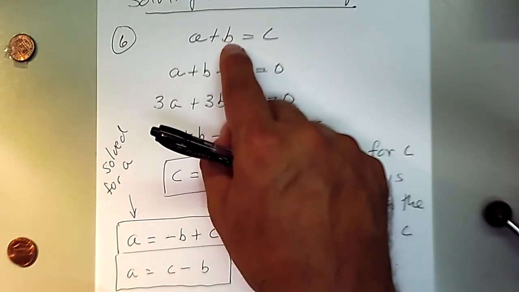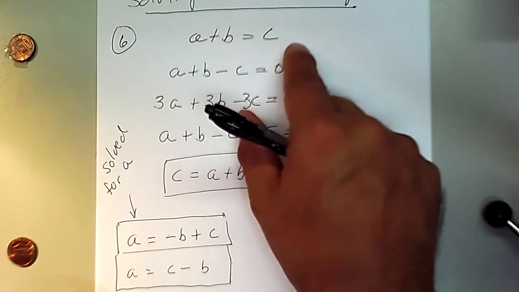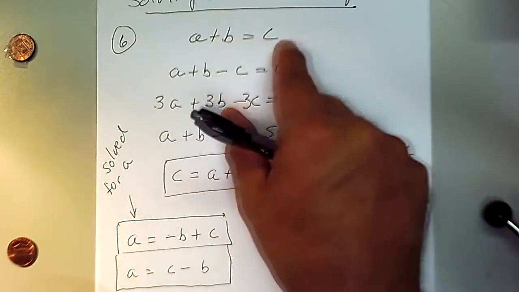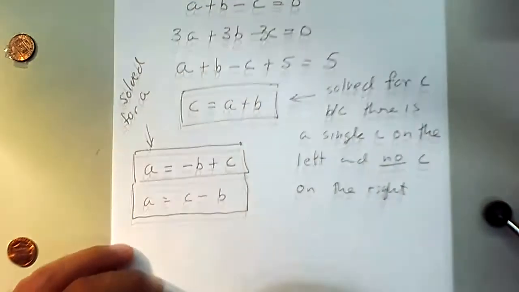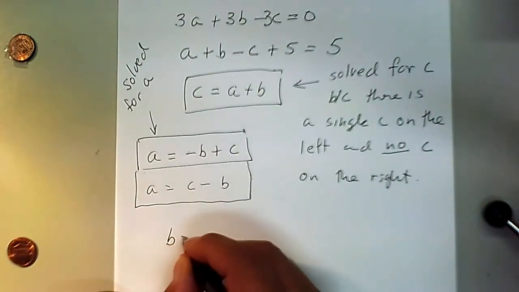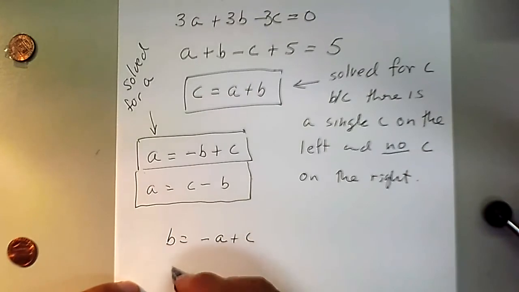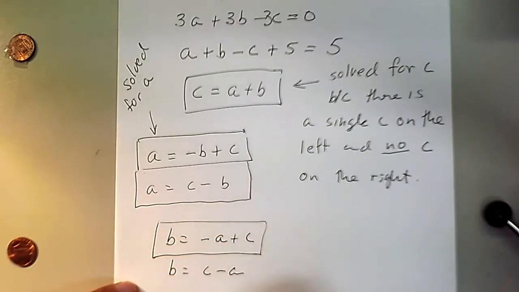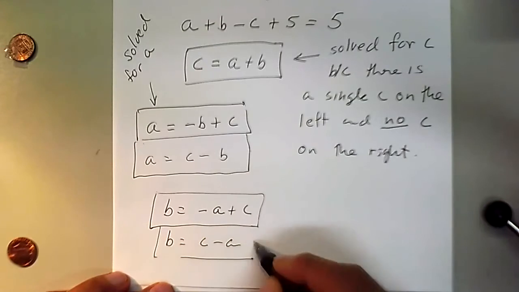If we put B on one side of the equation and everything else on the other side of the equation, no B, then we would have solved this equation for B. So B equals, and then we have the same thing. We have negative A plus C, or we may write C minus A. So this would be preferred, I think, in some cases, but actually I don't really care.